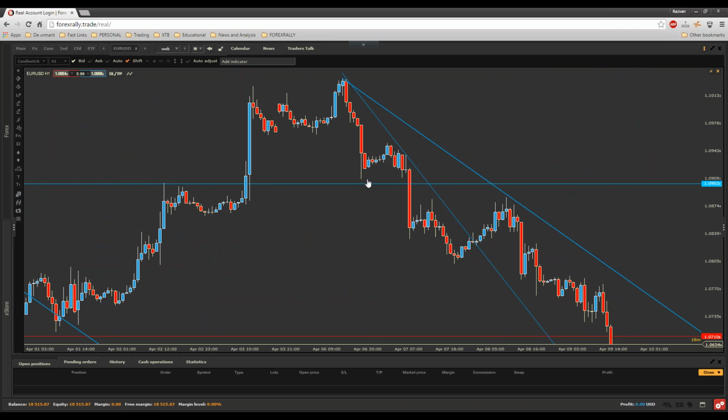You will not find a specific level at which the price will stop. It is actually an area of a couple of pips, or more like, let's say, from 2 to 5 pips, keeping in mind that we have a time frame of 1 hour. So this is a very good support and resistance area.